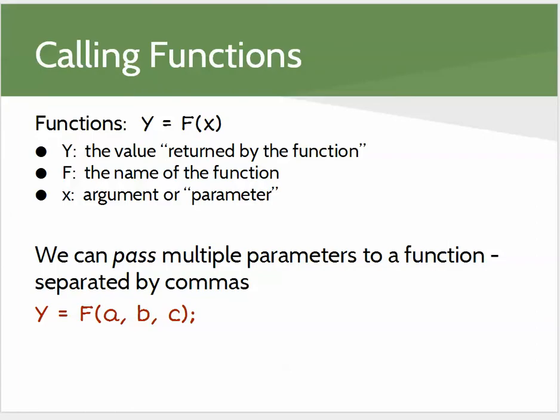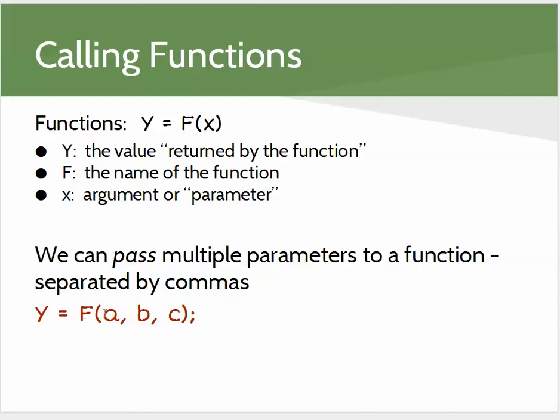Now, in addition, we're not actually limited to one parameter into our function. In math, if you cover calculus and start thinking about functions that can define surfaces, you'll deal with functions that accept 2 parameters and 3 parameters and 4 parameters. It's a little more complex in mathematics as you go into those types of functions. But in C++, or in programming speak, a function can accept any number of parameters.